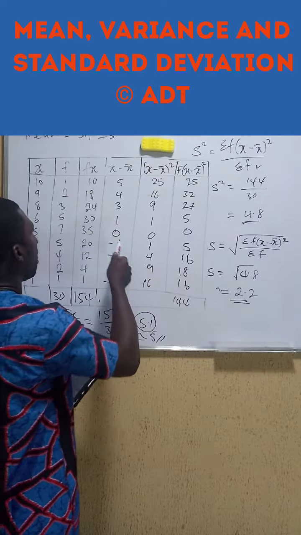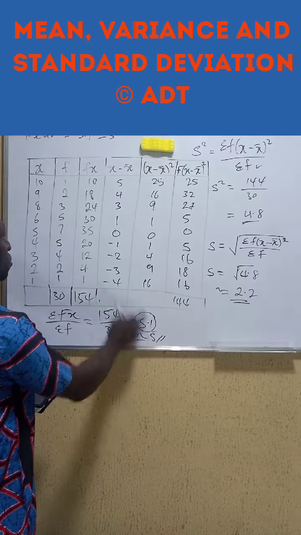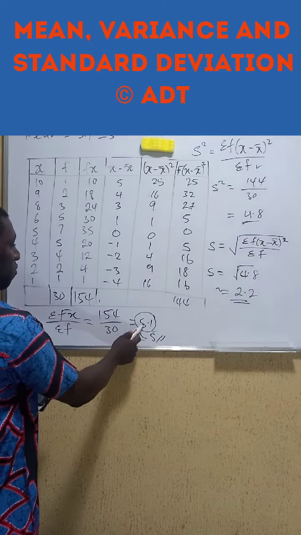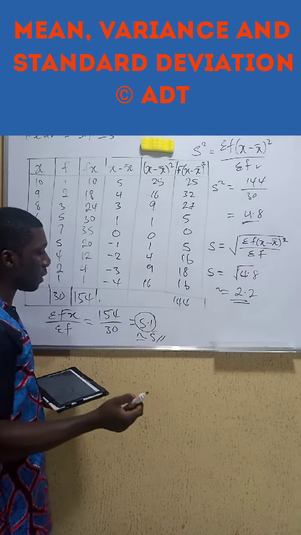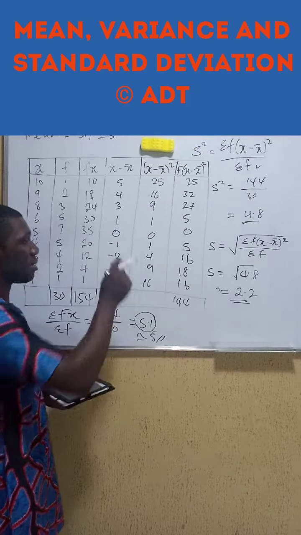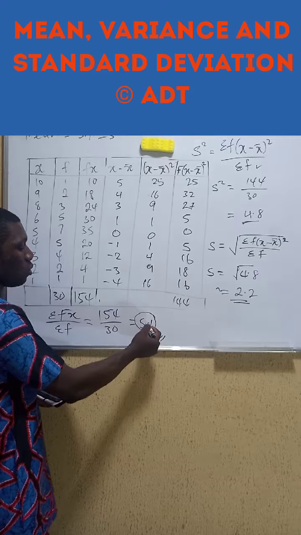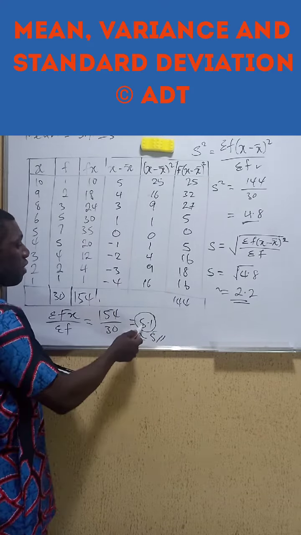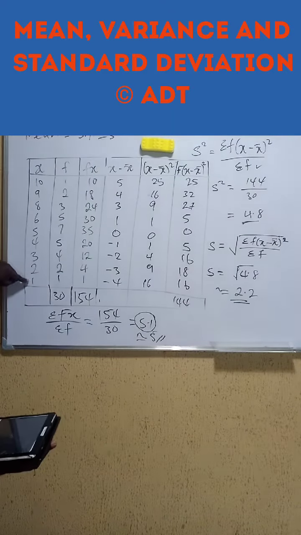And remember that I approximated the mean to 5 in order to get these ones. Instead of 5.1, I used 5. I'm saying that in case the person that gave the question requires that 5.1 be used, then you just subtract 5.1 from this.